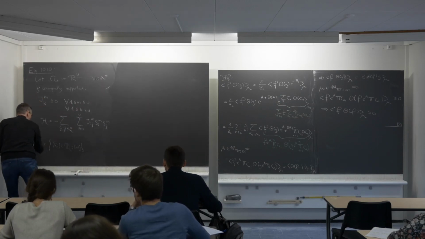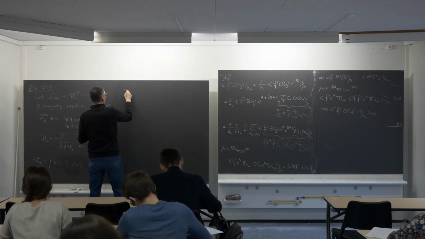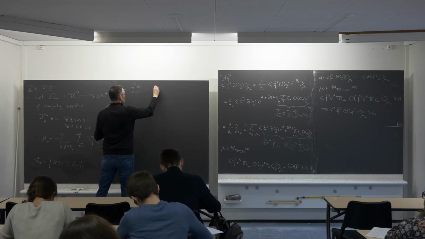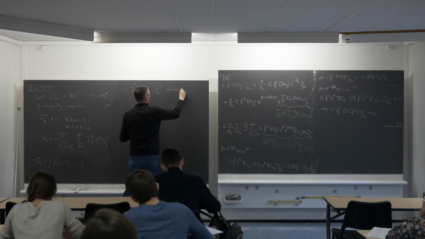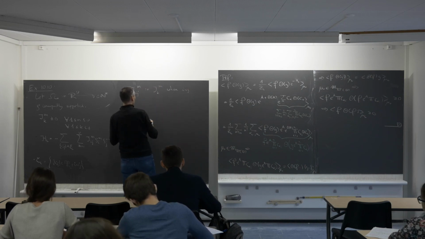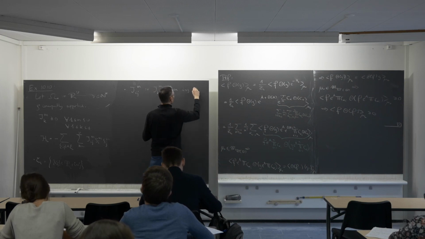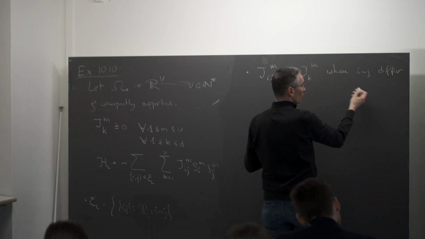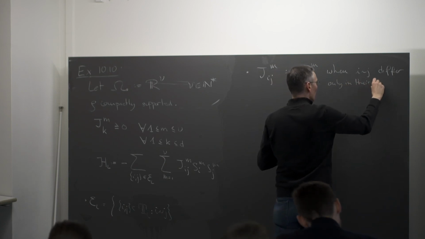So this is the set of edges, and then we have written g_{ij,m}, by definition, is g_{k,m}, when i and j are two neighboring vertices which differ only in their k-th component. They are neighbors, so they differ only in one component. I'm assuming it's the k-th component.